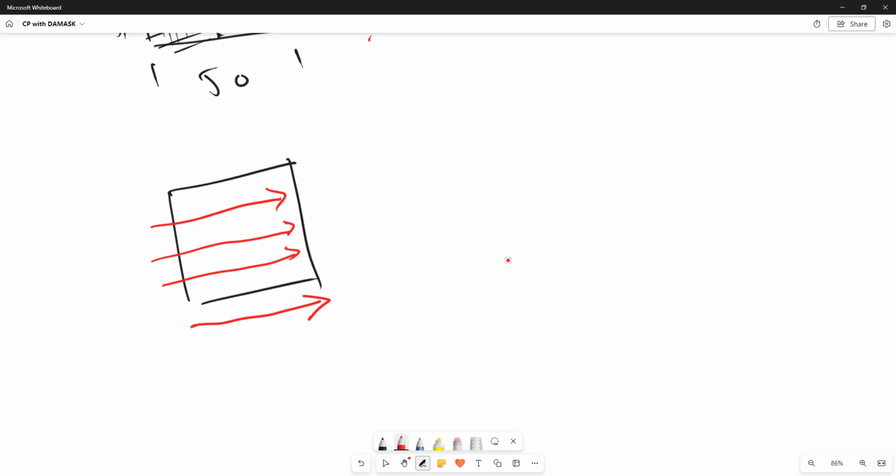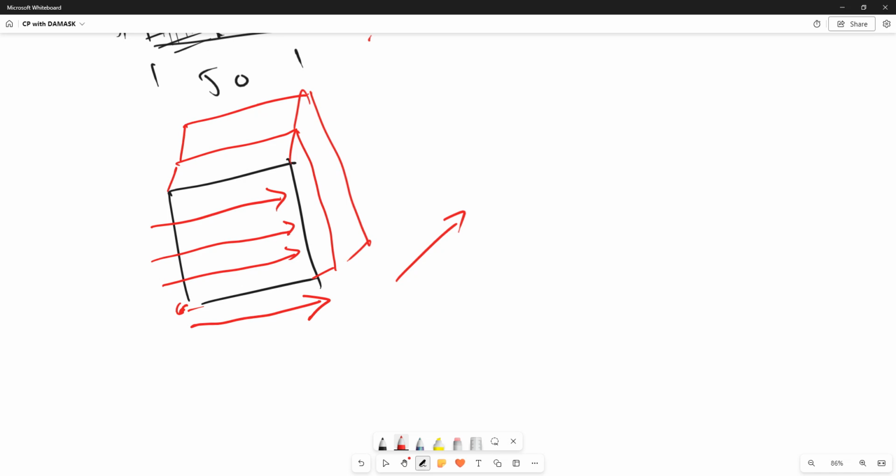In case of 3D, its z-axis is in the other direction, which means it will first create this first layer, and once this is complete, then it will start building. Exactly. So it will first create this layer, and once this layer is complete, then it will automatically start from this corner again for the next layer. And once this layer is complete, it will automatically start from this corner of the third layer.